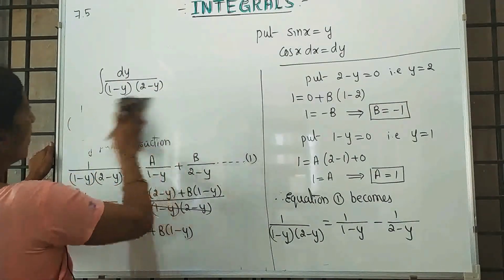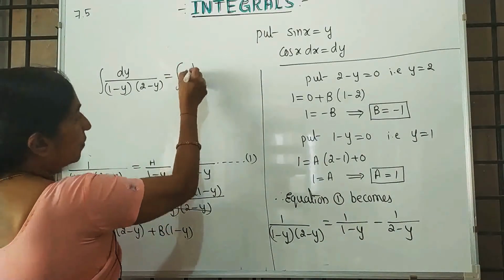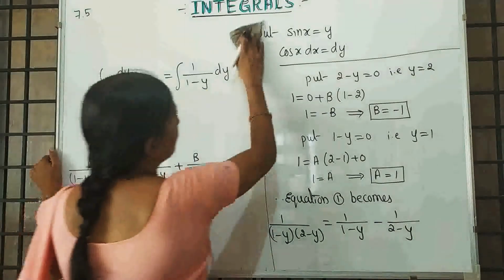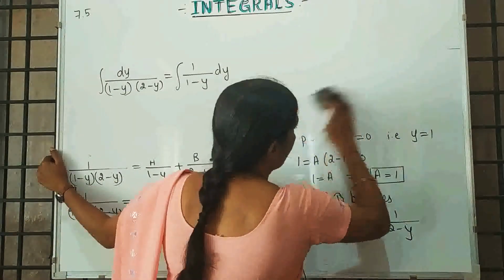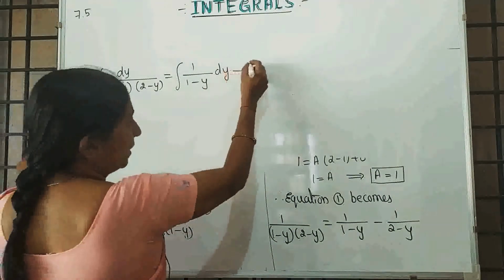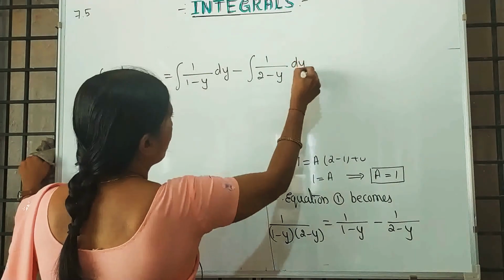Now integrating with respect to y, it is 1 upon 1 minus y into dy minus 1 upon 2 minus y into dy.